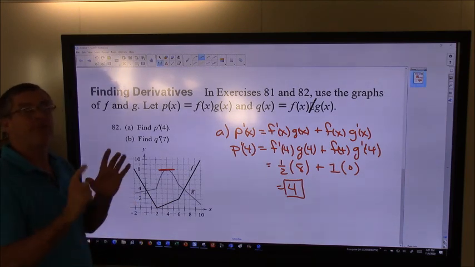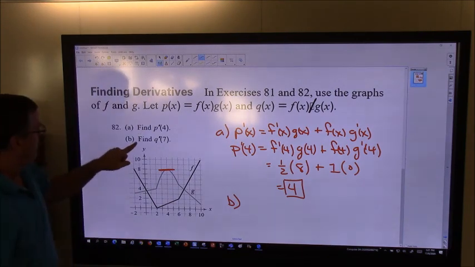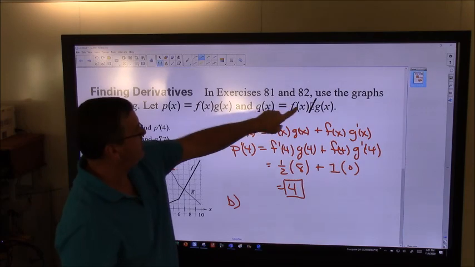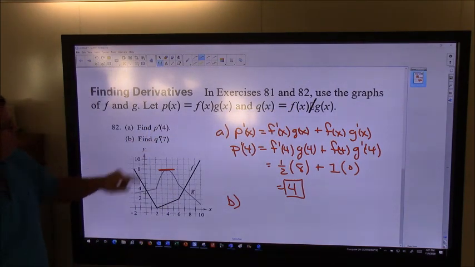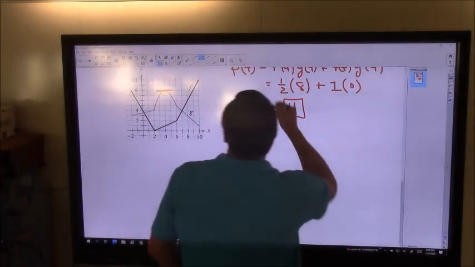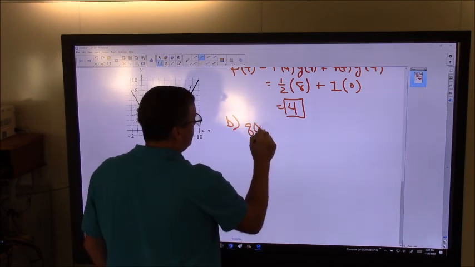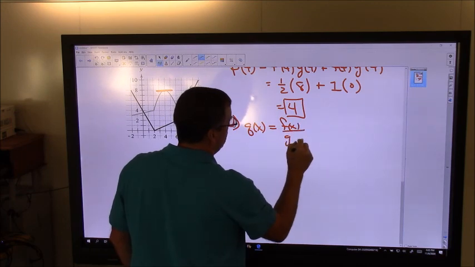All right, so now that we know how to think, let's try part B. Find q prime of 7. Q is equal to this fraction, and so what I need to do is find the derivative at 7. You guys go ahead and try. All right, so q of x is equal to f of x over g of x.